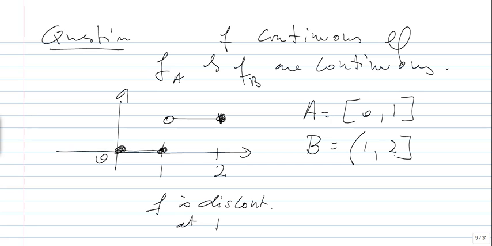So the restriction to these two subsets is definitely what? Continuous. So fA and fB are continuous. You can come up with different examples. You need to glue two pieces with a jump. So this gives you a discontinuous function globally, but its restrictions will be what?